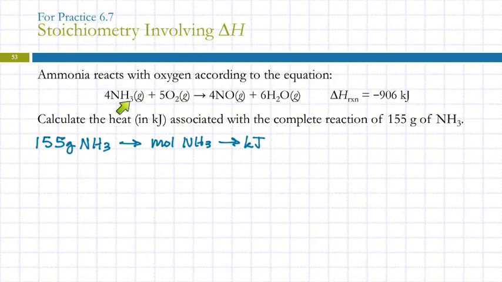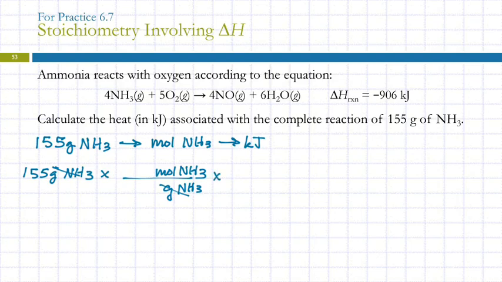I don't have to go moles of this to moles of that because I can go from any one of these directly to the energy. So 155 grams of NH3 multiplied by, on top is moles of ammonia, on the bottom is grams of ammonia. So I want those grams to cancel out.